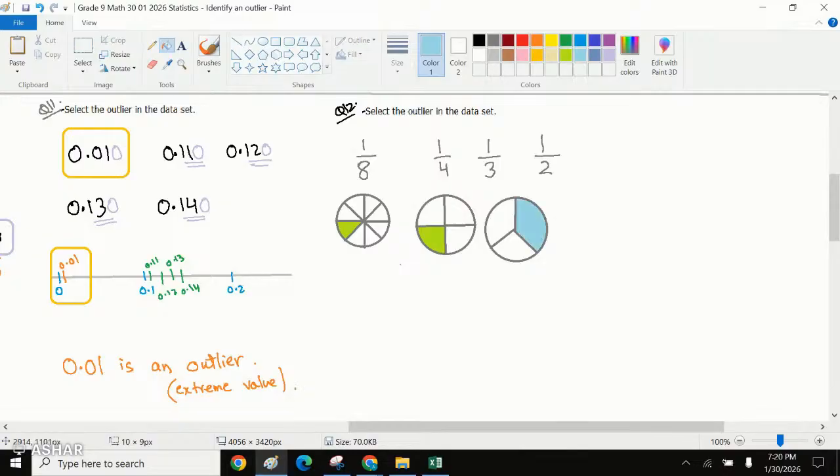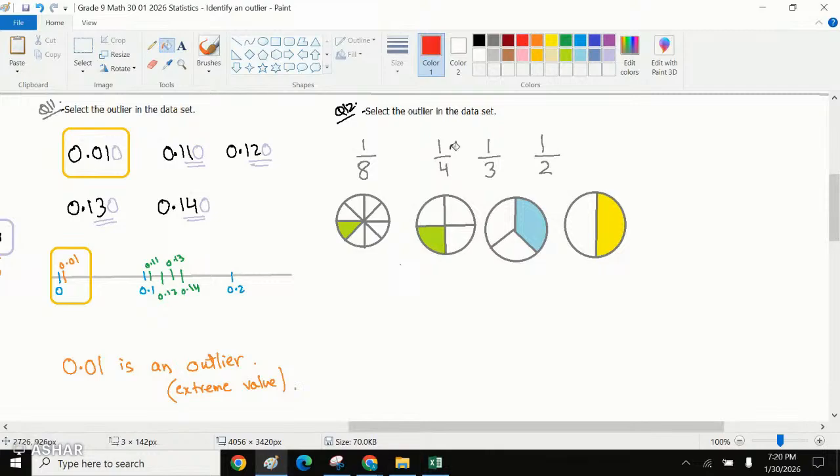Agreed? And 1 upon 2 would mean we have the circle divided into a half, and we are considering 1/2 of the circle. Okay.